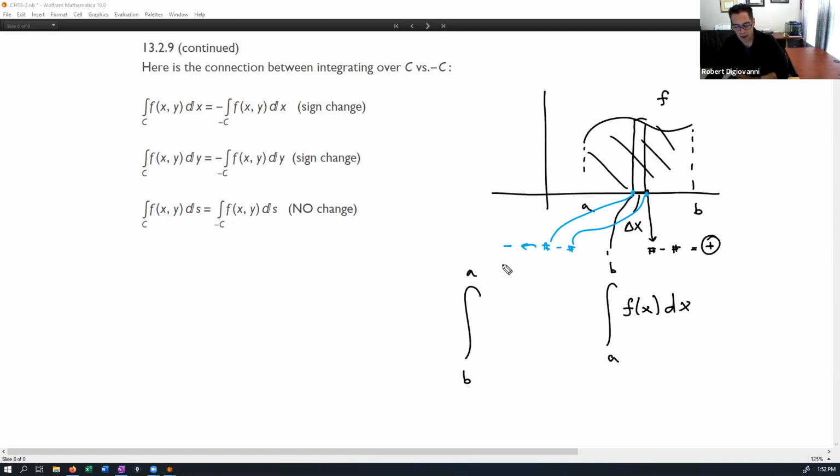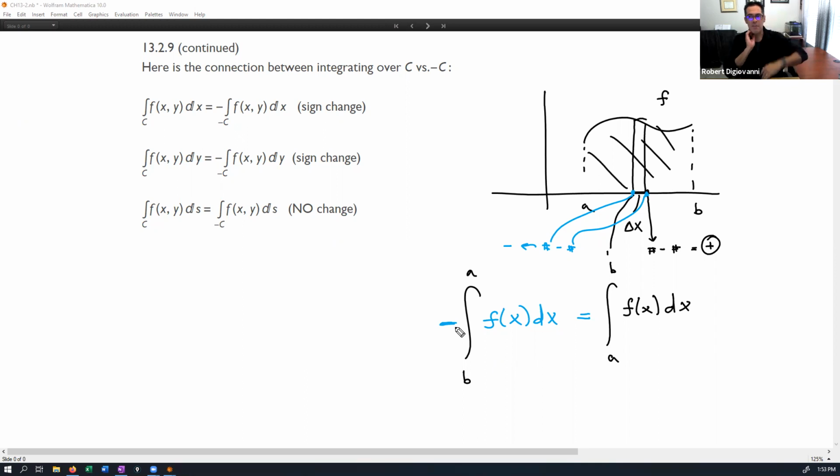So by reversing the limits of integration, this becomes the negative of that answer. This is a property from Cal 2 you may not remember. Switching and going from B to A just gives you the opposite answer. That's all. So that's really what's happening here.